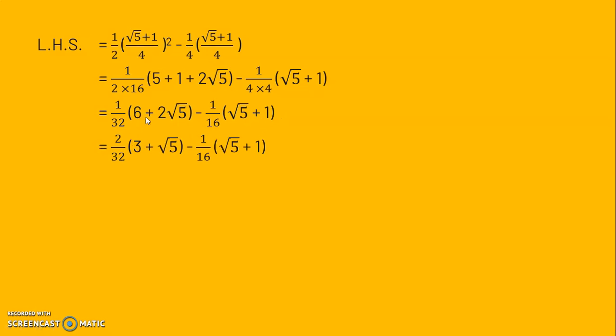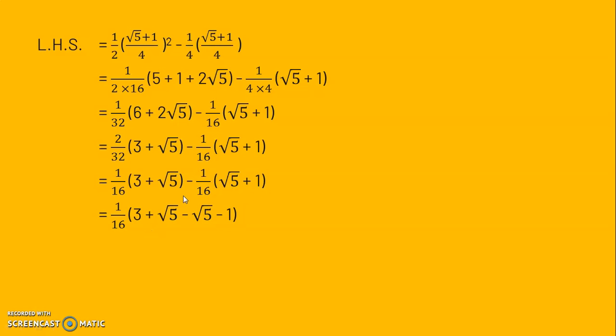If we take 2 as common, this can be written as 1 by 16 into (3 plus root 5) minus 1 by 16 into (1 plus root 5).